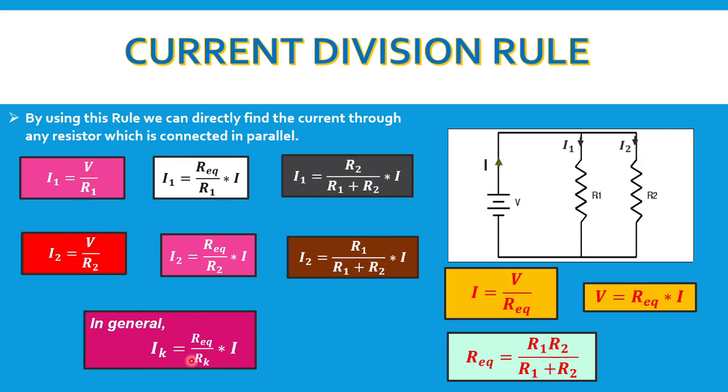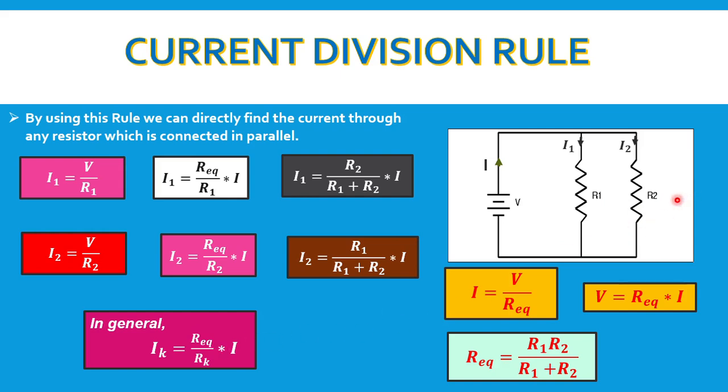So Rk was in the numerator, but when the resistors are connected in parallel and we have to find the current through any resistor, Rk will be in the denominator and R equivalent in the numerator. So the expression for the current flowing through the kth resistor will be Ik is equal to R equivalent upon Rk into I. So we simply calculate the equivalent resistance.